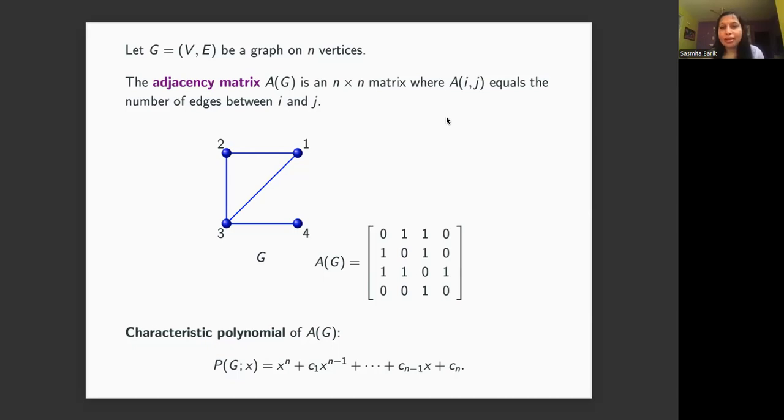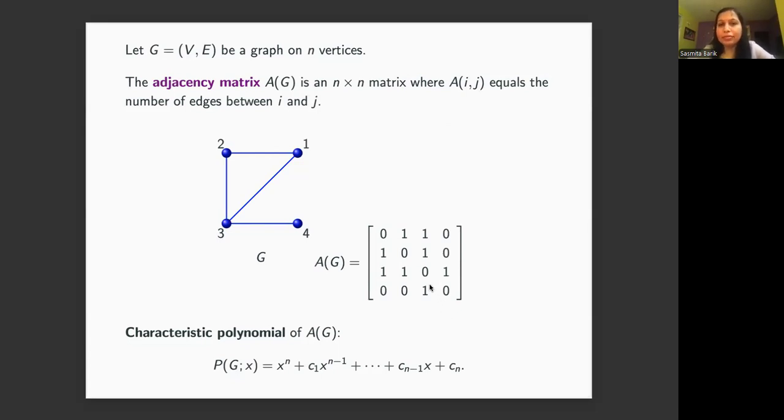Let us take a graph, and I'm taking a simple graph again. You have an adjacency matrix that has 0, 1 entries. All the entries are either 0 or 1, and your diagonal entries are 0. So you have a matrix which is a symmetric matrix, and also the trace is 0.